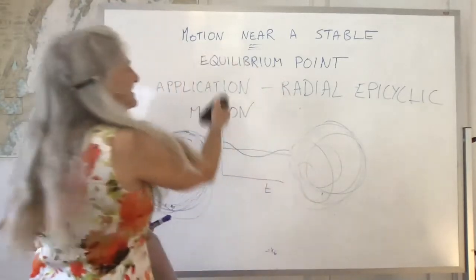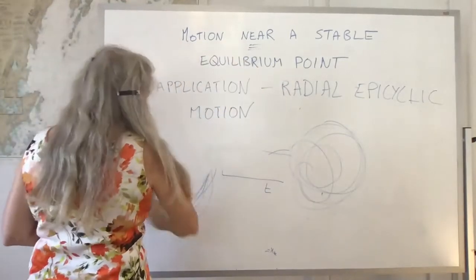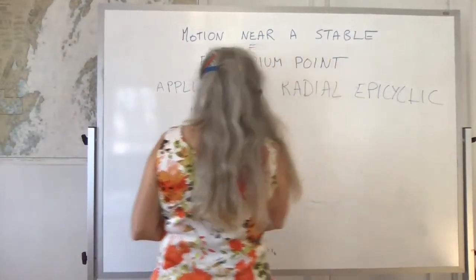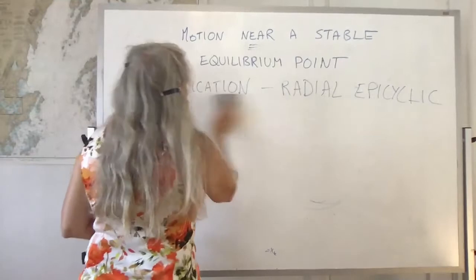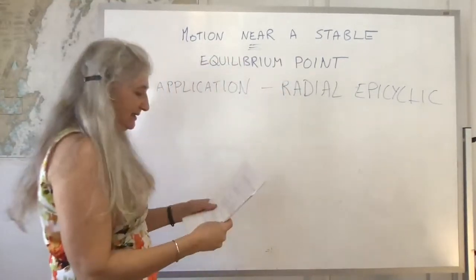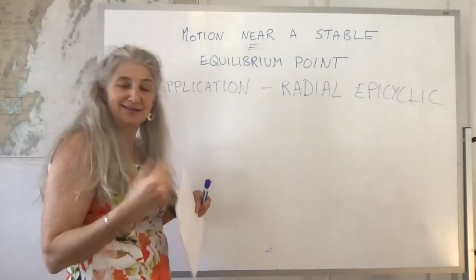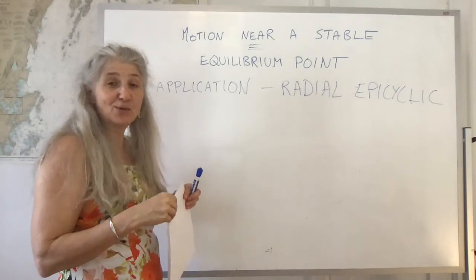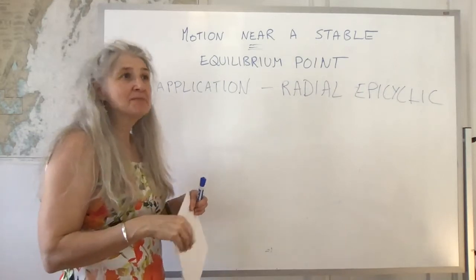Okay, so why is this an application of motion near a stable equilibrium point? I'm going to go back to something from the previous set of lecture notes, where we talked about orbital angular momentum.